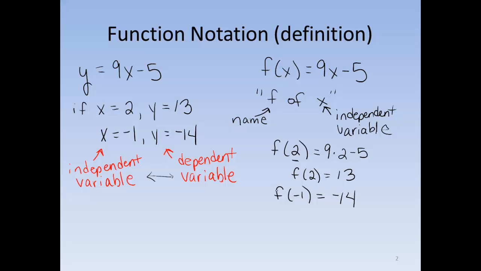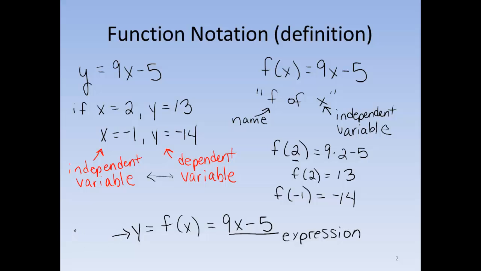And so we have this relationship between the y and the f of x in the expression. Sometimes you may see it written as y equals f of x equals 9x minus 5. The 9x minus 5 is the expression we're working with.